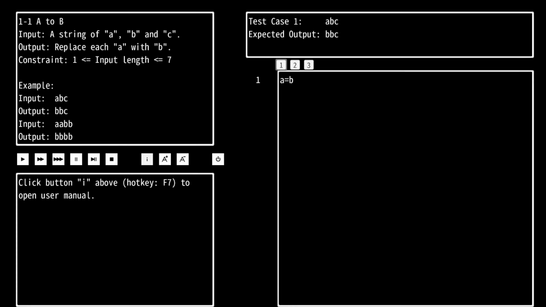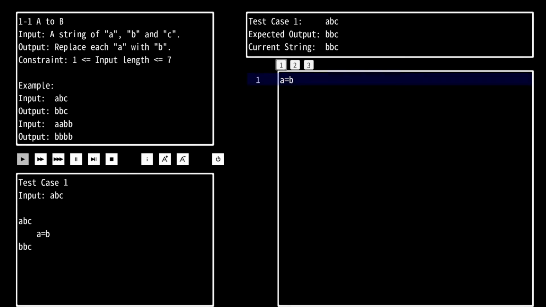Wow. You could have done A equals J. Yeah, but I think this is also funny. Oh my god, it did the thing. And then there's like a bunch of test cases.